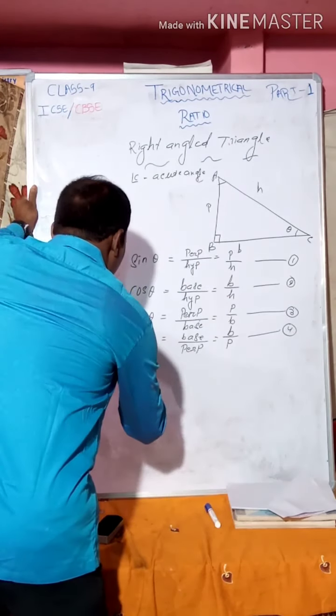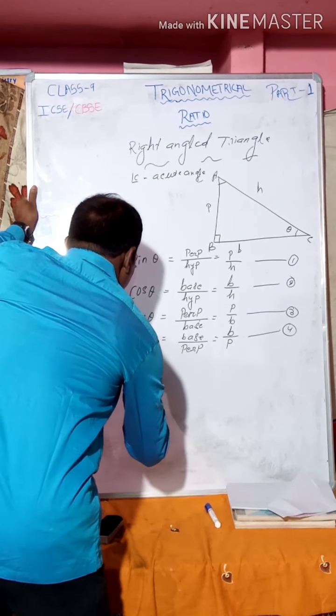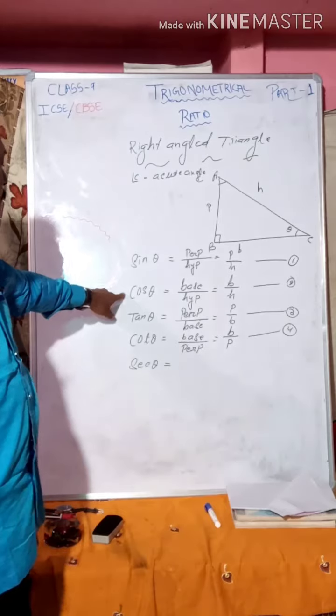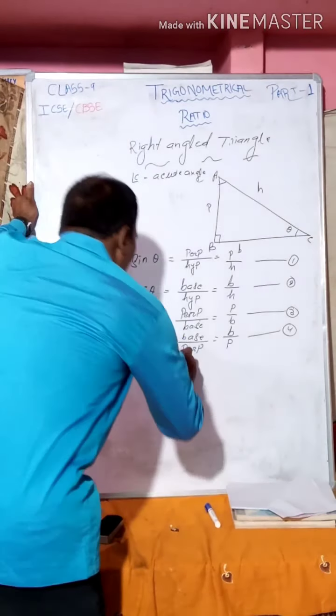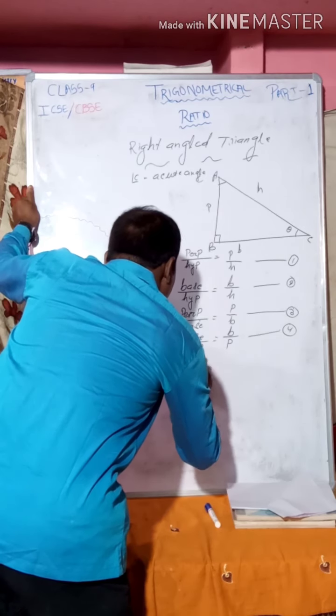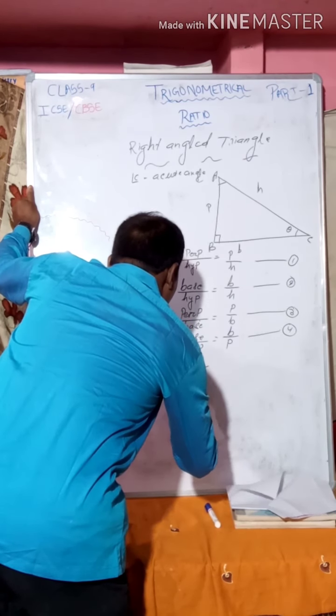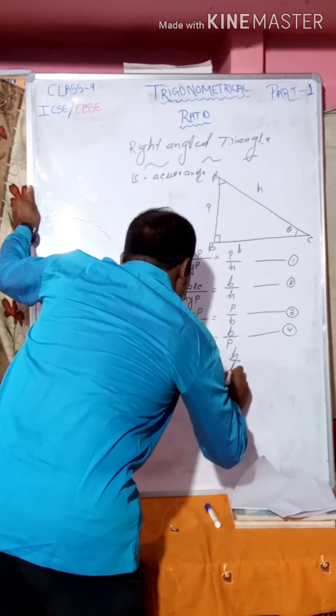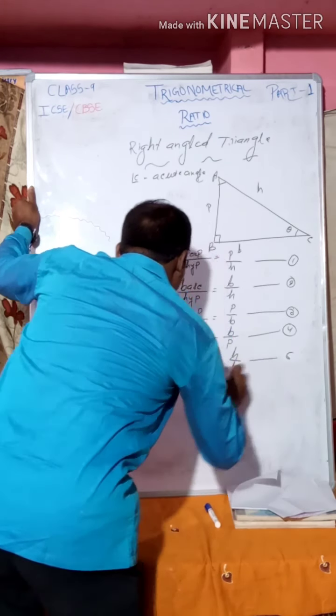Then 5, sec theta is the opposite of cos theta, so hypotenuse upon base, that is equal to H upon B. This is the 5th.